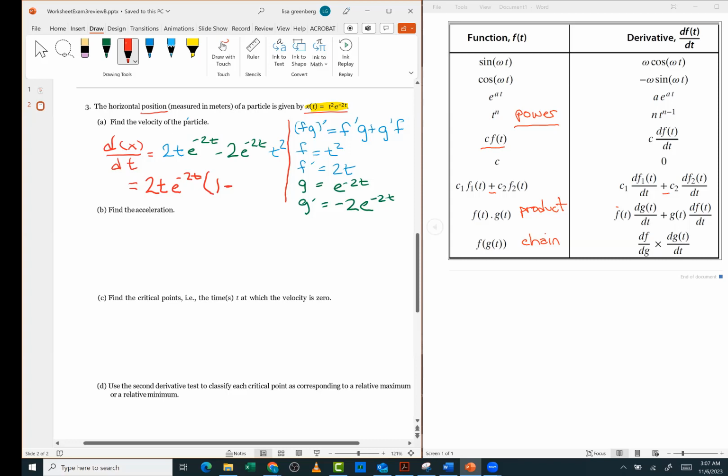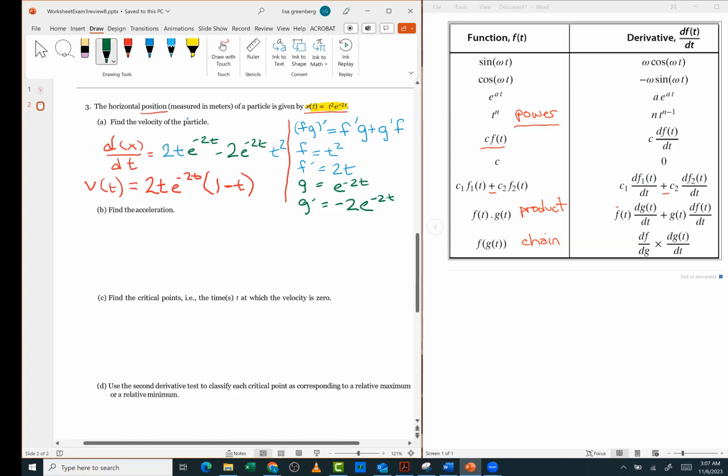Well, I have a 2, I factored out a 2, I factored out the e to the minus 2t, and I factored out 1t, so I'm left with that as my derivative. And it's always nice to factor things. You're going to see why shortly. This is the velocity, which is the derivative of position.